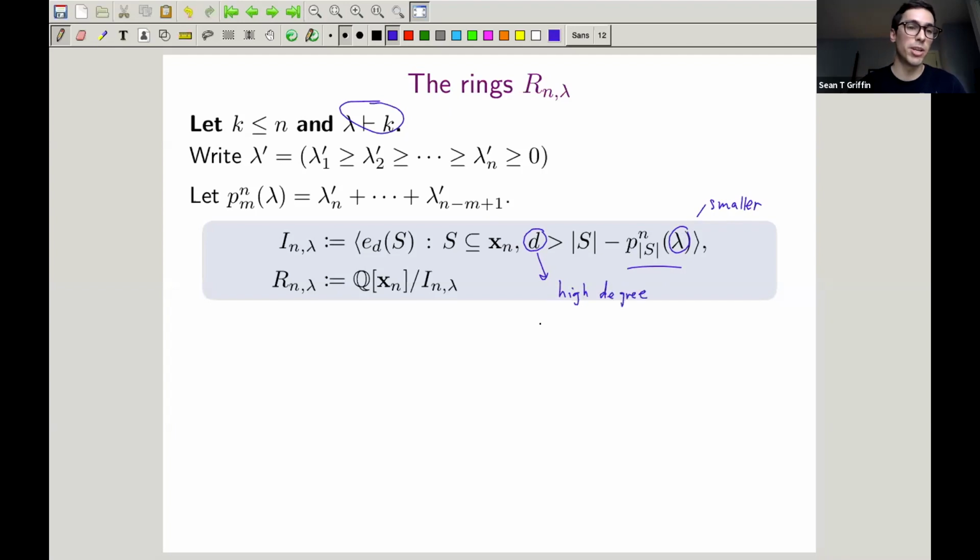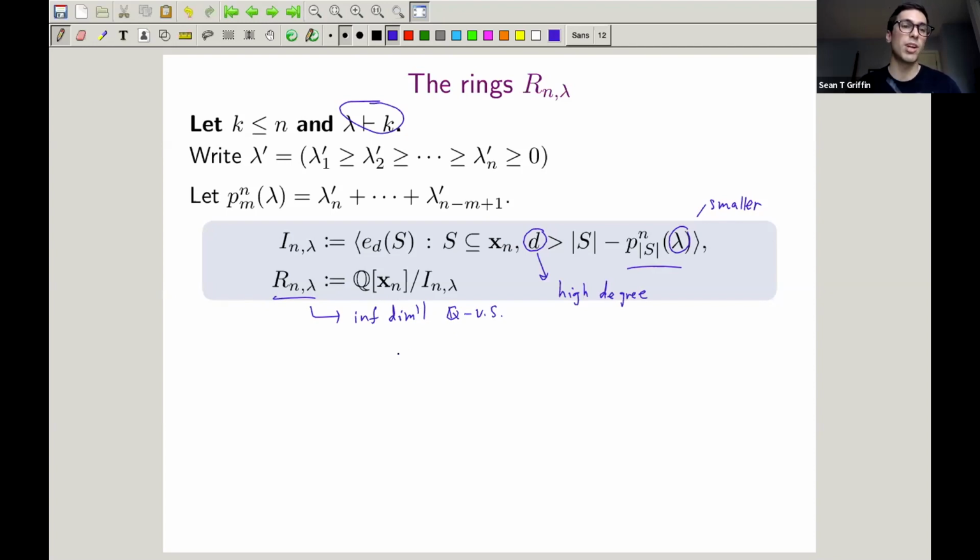So we're modding out by fewer generators than before, and we'll let R_{n,lambda} be the corresponding quotient ring. Now, in general, this ring is an infinite dimensional vector space, because we're modding out by fewer relations.